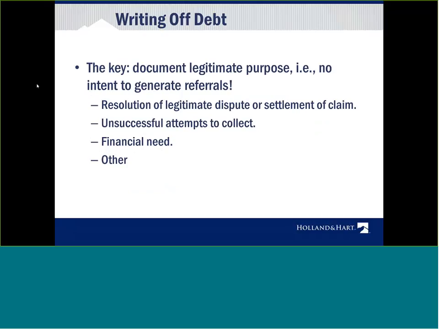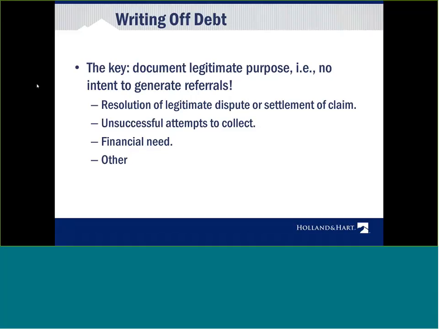Some circumstances that could arise, and things you definitely want to document in your records as why the debt was written off, would be if this was resolution of a legitimate dispute or settlement of a claim with a patient. If you've made unsuccessful attempts to collect, definitely detail your process, how long that goes on, and be consistent.